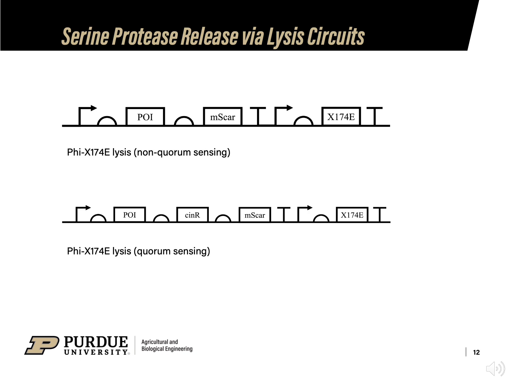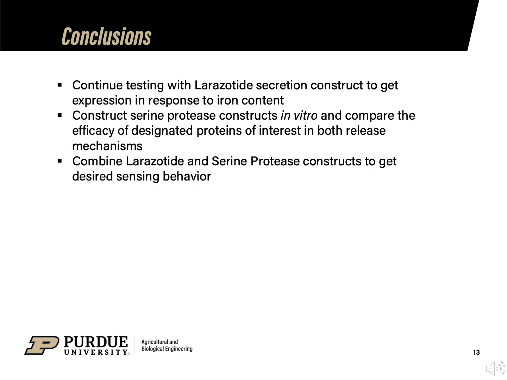And the top circuit shows a non-quorum sensing version. Both utilize the phage protein Phi-X174 E. And then the bottom is a quorum sensing version of that circuit using SynR and then a promoter that reacts to SynR for our quorum sensing capability.